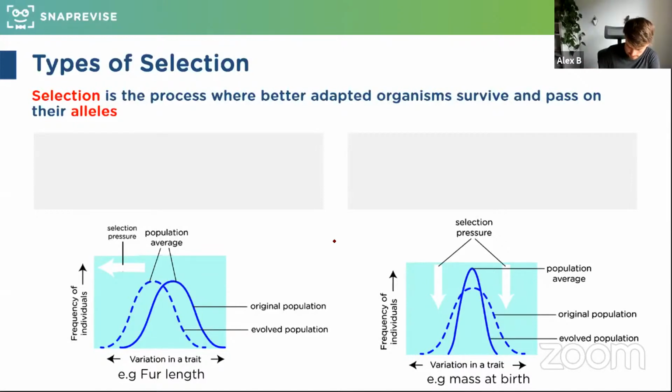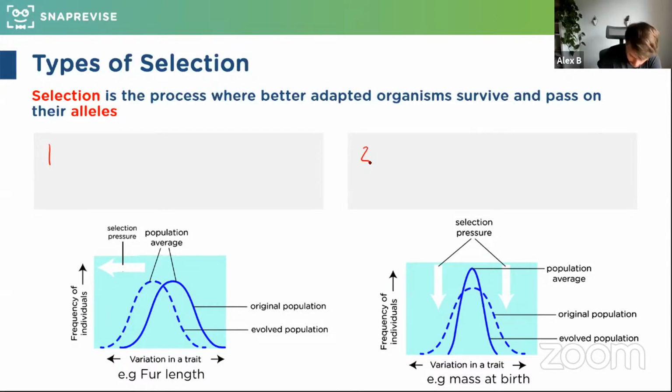Anyway, so what are we looking at here? Who can tell me number 1 and number 2? What's the name of these two different types of selection? You should be able to recognize them from the shape of the graphs. So nice.